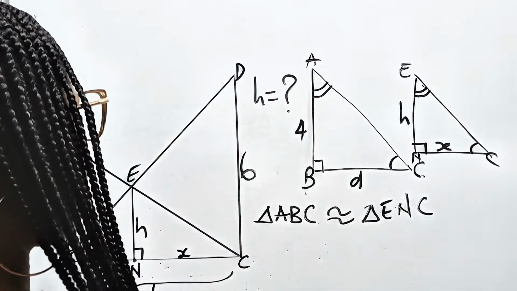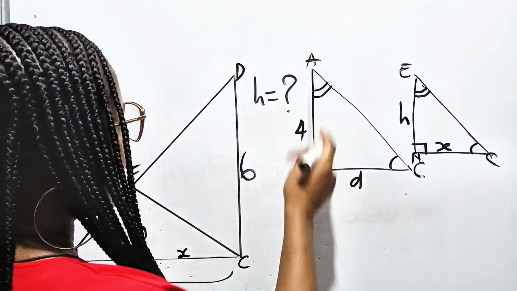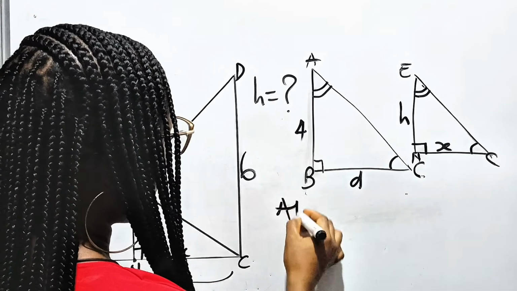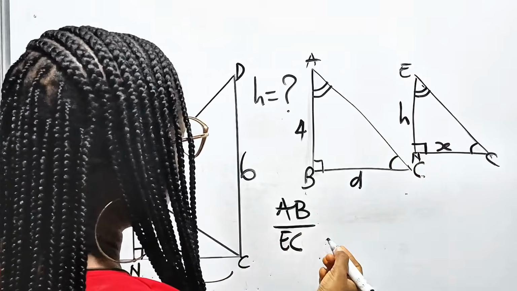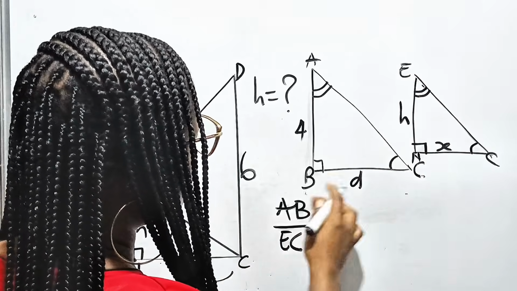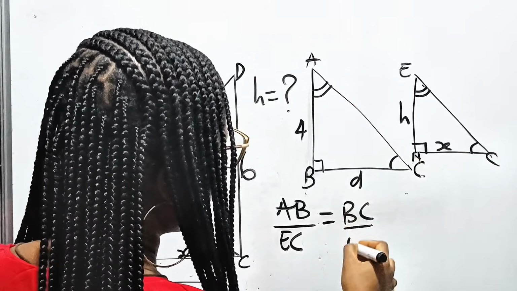So that simply means that we can write AB divided by EC is equal to BC divided by NC.